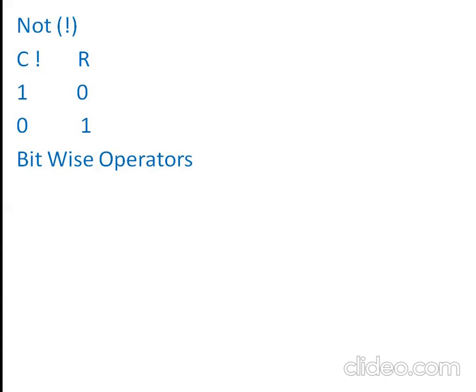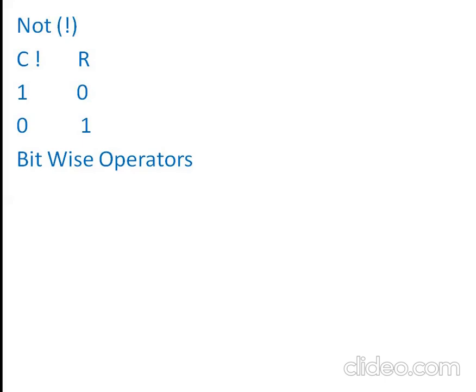Whatever you input, internally the computer will convert into ones and zeros. Suppose if I input 5, internally that becomes 101. If I input 10, internally that becomes 1010. If I input 7, internally that becomes 111. Like that. That is binary language.